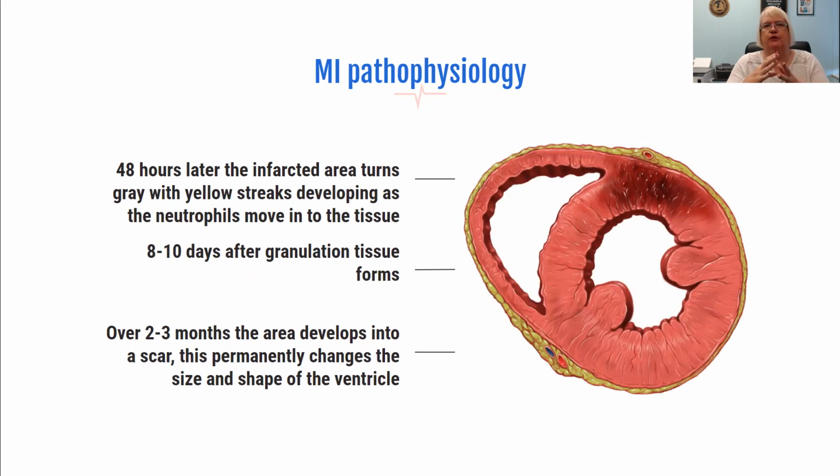That's because the neutrophils have all run in to help clean the site up. 8 to 10 days later, now we have granulation tissue starting to form. And over the next 2 to 3 months, the area develops into a scar, and that permanently affects the size and the shape of the ventricle and the heart itself.